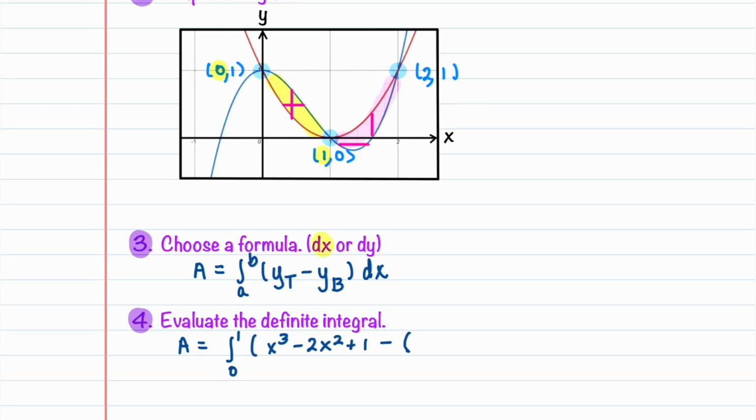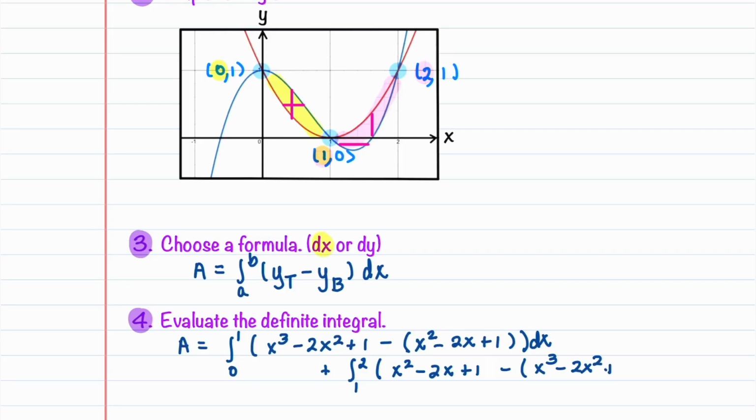And then we're going to subtract off our quadratic, which is x squared minus 2x plus 1 dx, plus our second integral, which is going to go from 1 to 2. The curve on the top is the quadratic, so this is x squared minus 2x plus 1, minus our curve on the bottom, which is x cubed minus 2x squared plus 1, times dx.